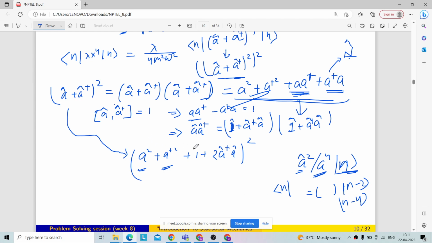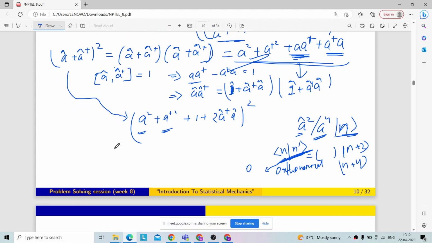And if the creation operator operates, then a†² will give n plus 2, or a†⁴ will give n plus 4, something like that. So ultimately I will have different ket states on the right hand side. As these states are orthonormal, this will give 0.